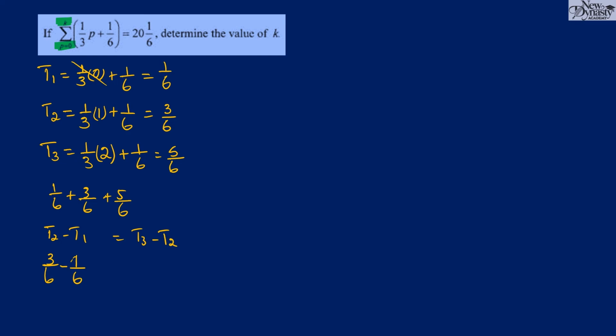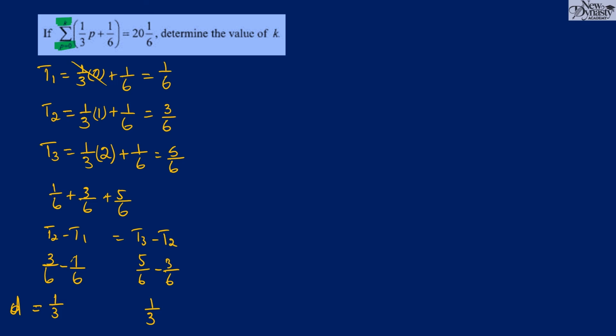So 3 minus 1 is going to give me 2 over 6, which is 1 over 3. Then t3, that is 5 over 6, subtract 3 over 6. 5 minus 3 is 2, 2 over 6 is 1 over 3. So clearly here we can see that we are working with the arithmetic sequence, and that has given us the common difference.